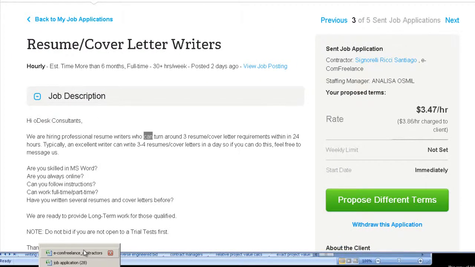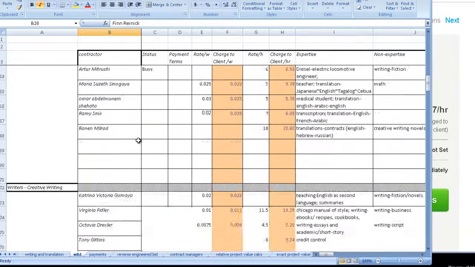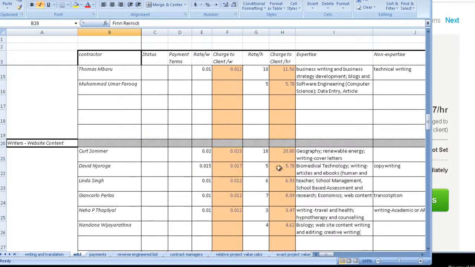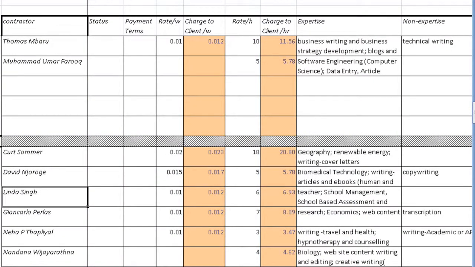Use him as an example of a low bid that you'll be able to raise in order to get a little bit extra, since the client is willing to pay a little bit more than what Signorelli would normally charge.